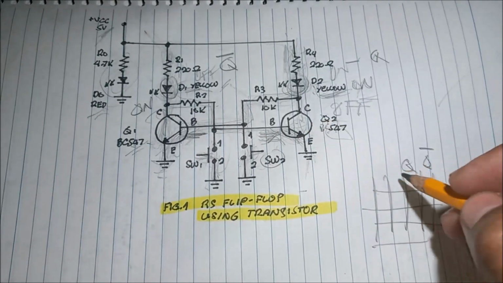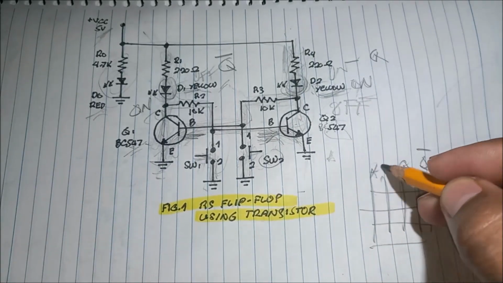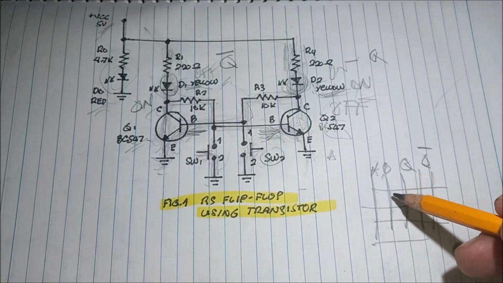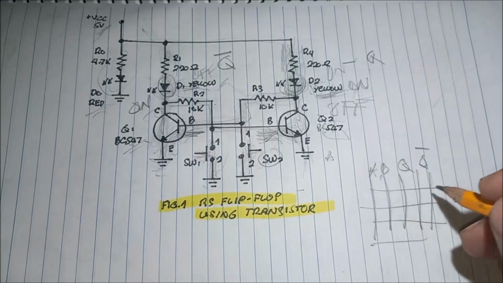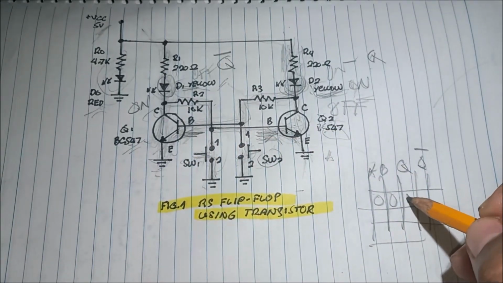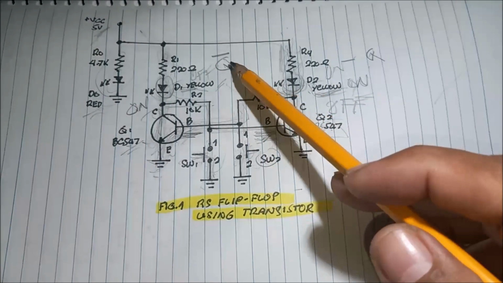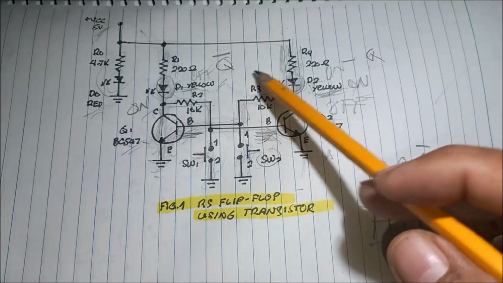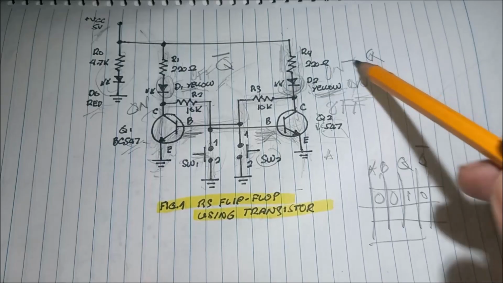This is switch A, or it could be AB. So initial state, 1 should be on. Initial state 0 0, not pressing the button. This one is off. Q complement is the inversion.